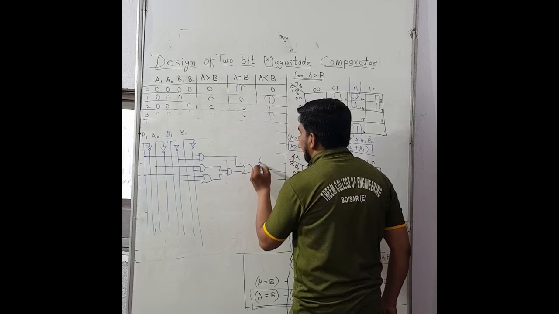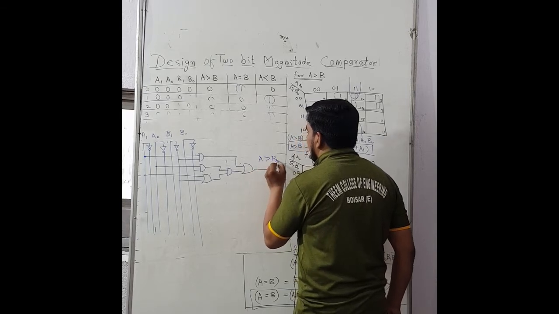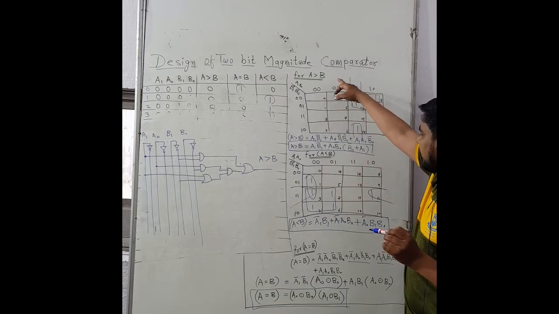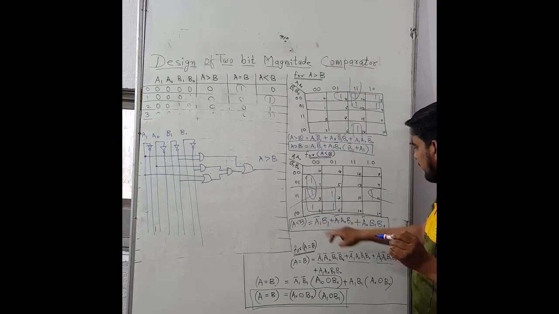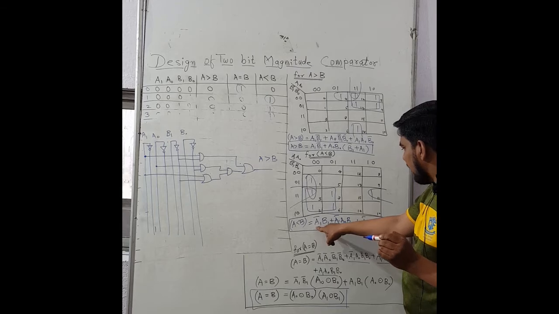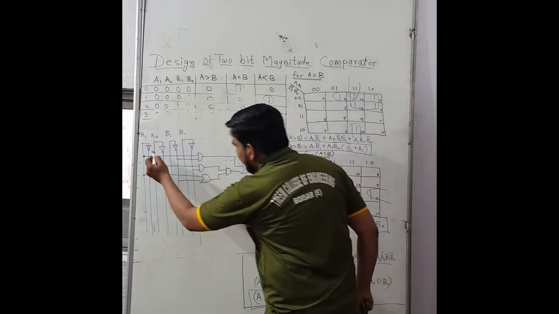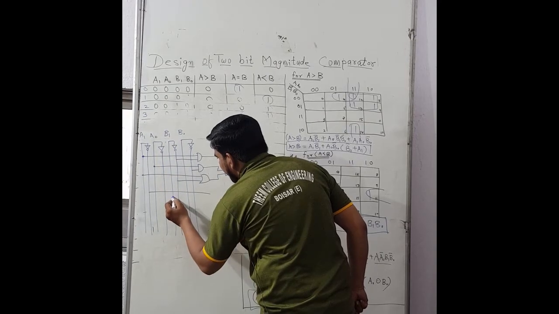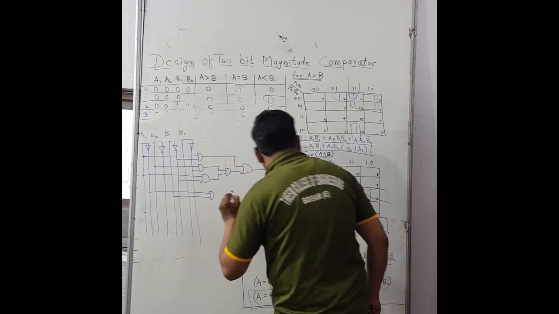In this way we are getting A greater than B. This is the output expression for A greater than B. For A less than B, see A1 bar B1: from here you are getting A1 bar into B1, both are ANDed.